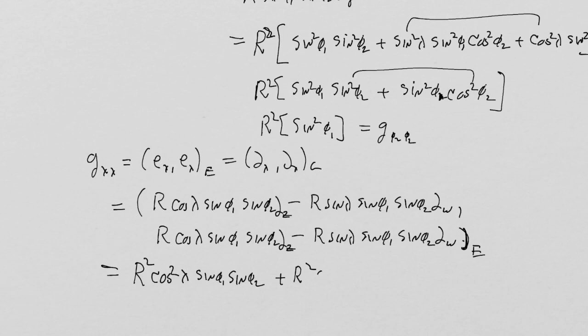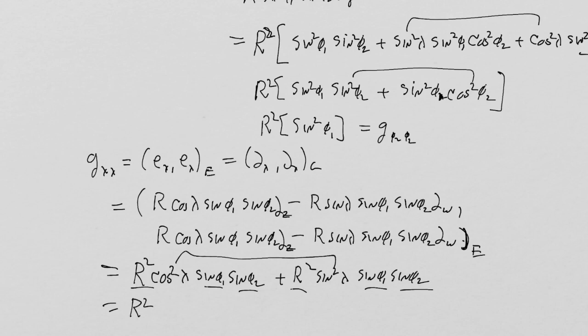R squared, sine squared lambda, sine phi 1, sine phi 2, and then of course the sine and the cosine come out because r squared, sine phi 1, sine phi 2 factors out, leaving cosine squared plus sine squared of lambda. So you end up with r squared, sine phi 1, sine phi 2. And that equals G lambda lambda.